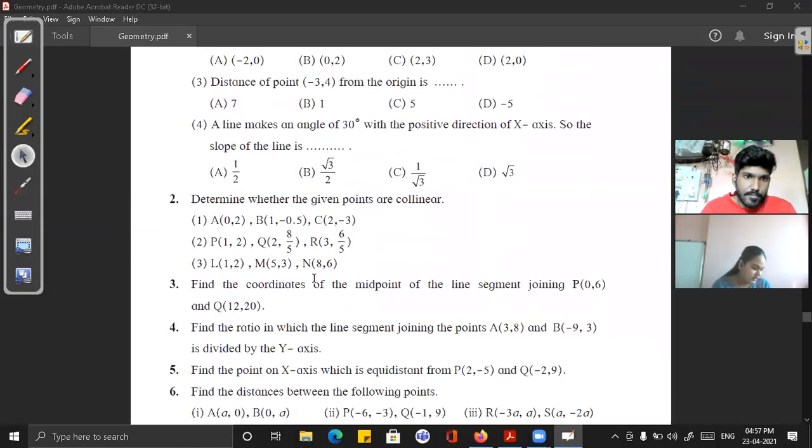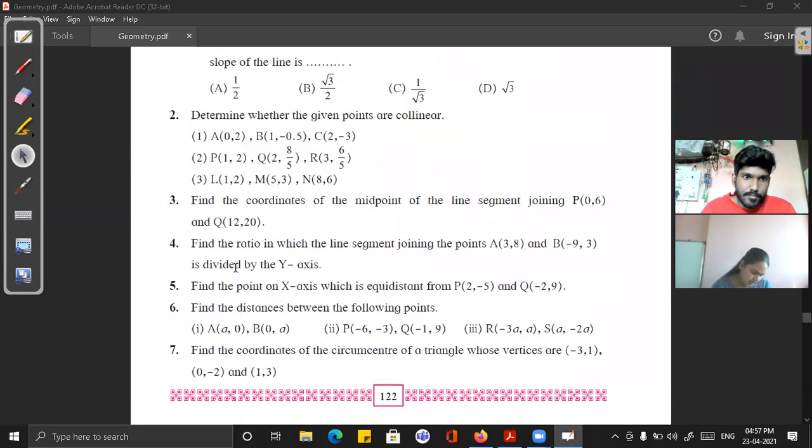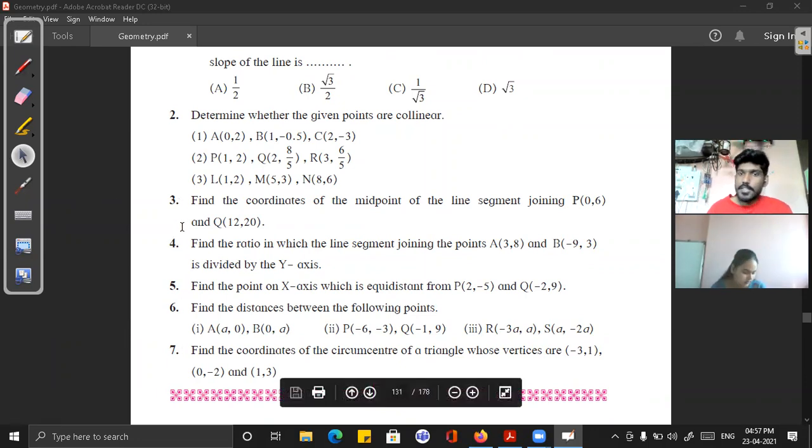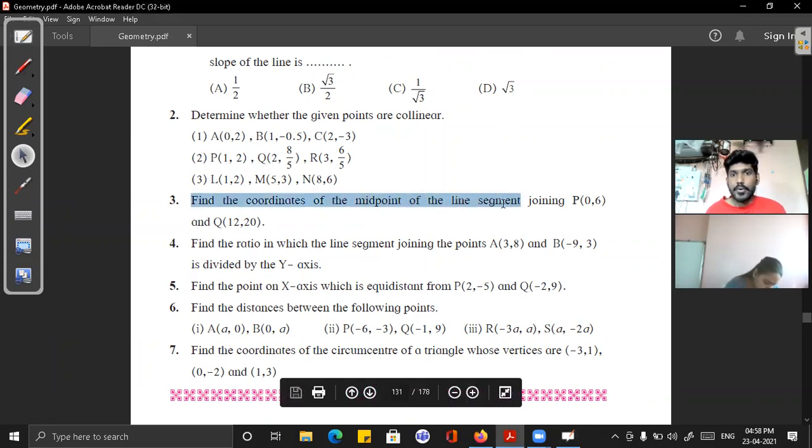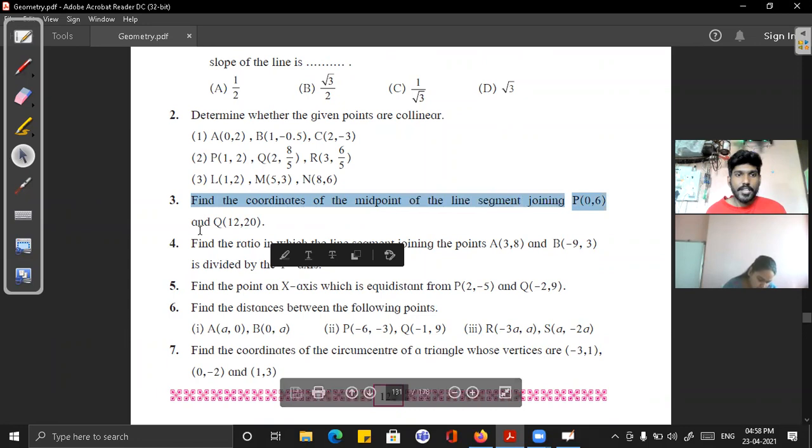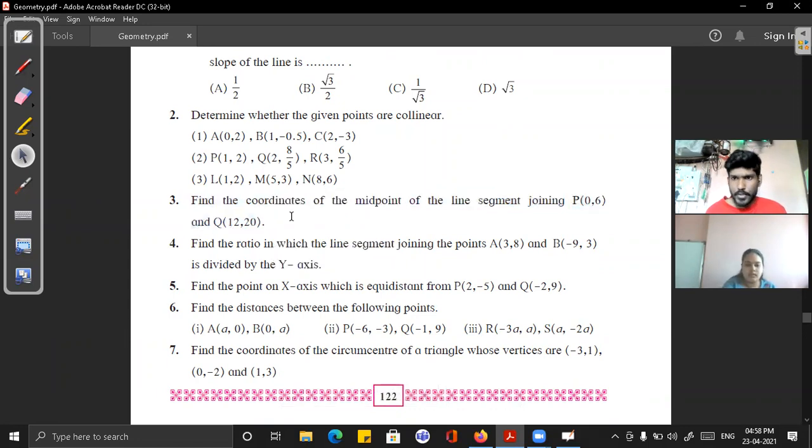We have done exercise 2. We have done exercise 5 and 6. Exercises 3, 4 and 7 are left on the page. I'm sure you will be able to do 3 easily because it says find the coordinates of the midpoint of the segment joining points P and Q. So do it for homework. Next, 4.